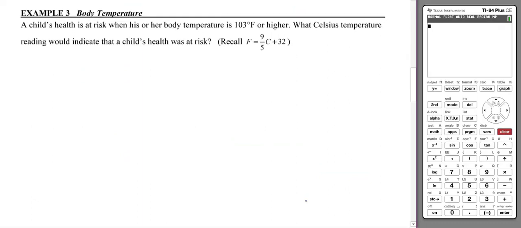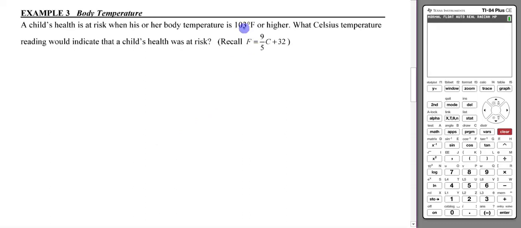In example 3, we're figuring the body temperature. A child's health is at risk when his or her body temperature is 103 degrees Fahrenheit or higher. What Celsius temperature reading would indicate that a child's health was at risk? Recall, Fahrenheit is equal to 9/5 C plus 32.